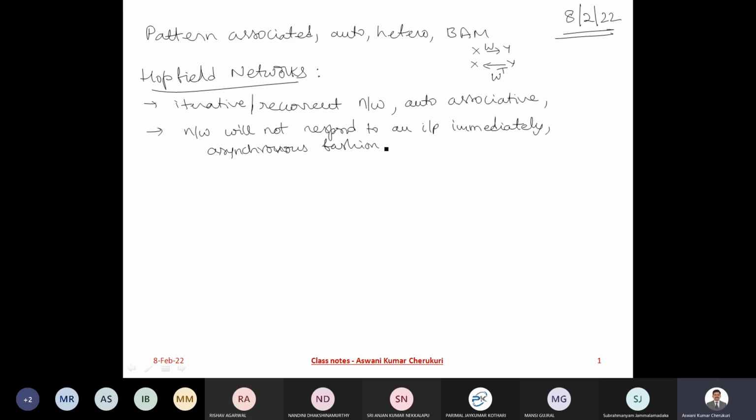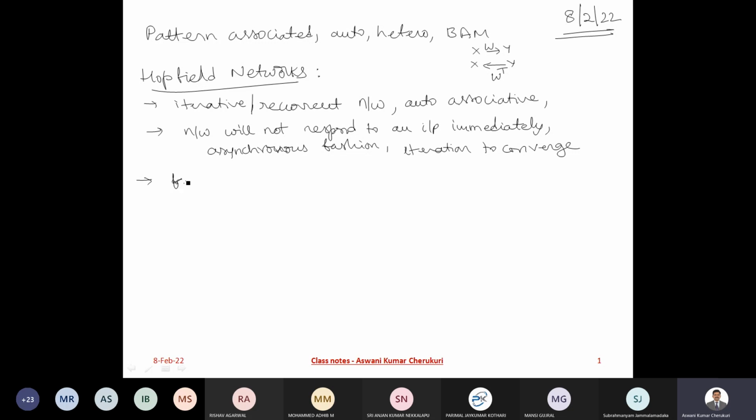Weights get updated in the asynchronous way, and in fact the network is going to take some iterations to converge. So the iterations or the convergence happens in an asynchronous fashion. We will discuss what we mean by all this.